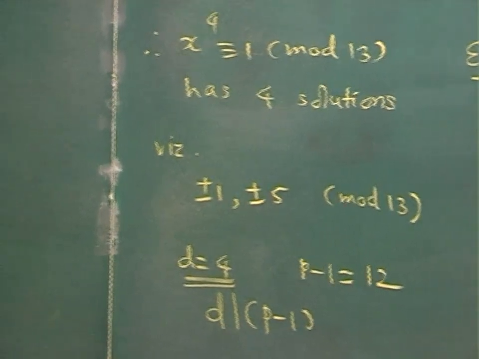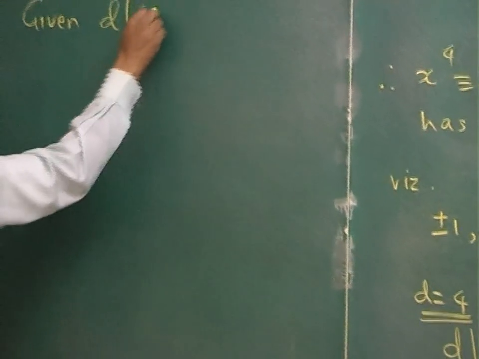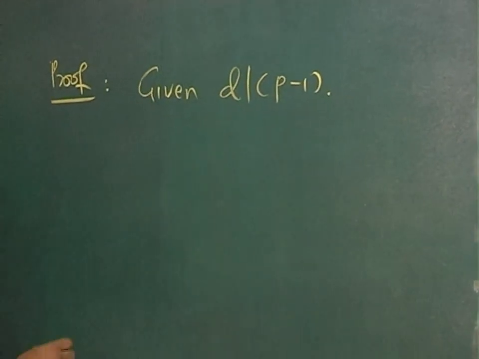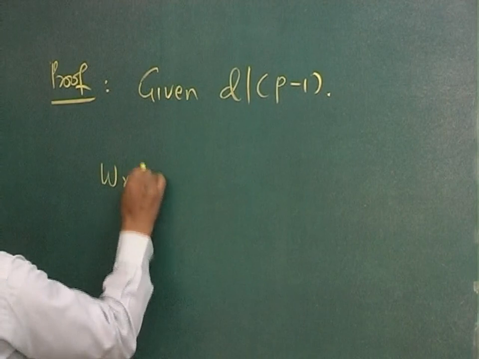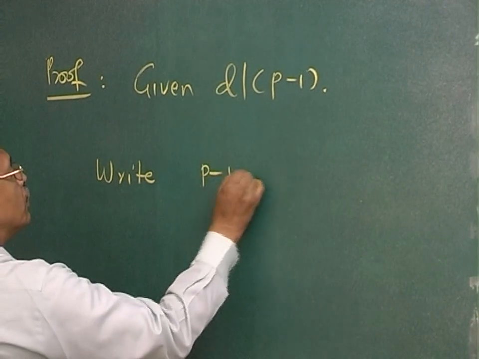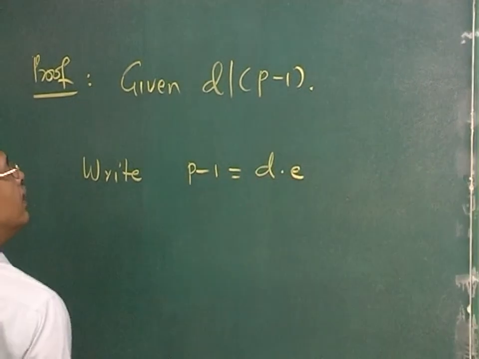Given d divides p minus 1, write p minus 1 equal to d into something, say e.